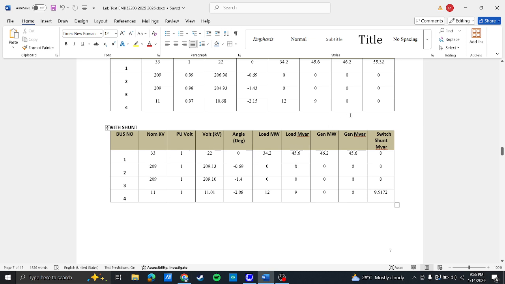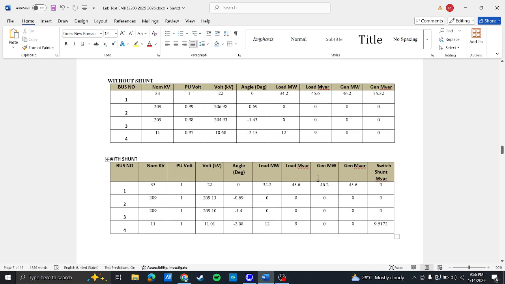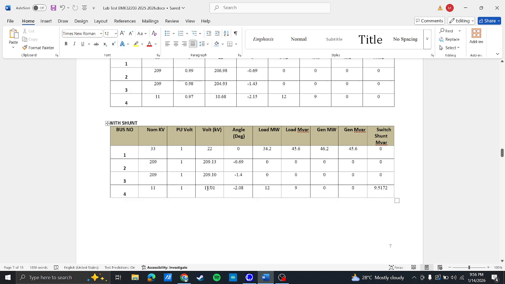As you can see here, all the voltages are the same since the PU voltage has a power factor of 1. The load stays the same. Generator megawatt and generator MVA also stay the same, except only the voltage outputs are different.